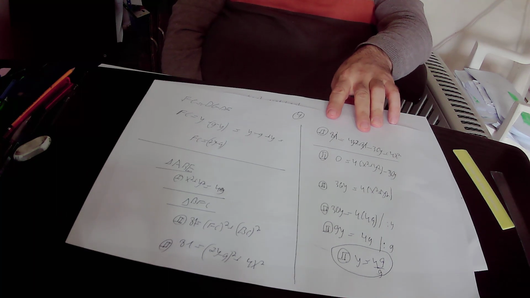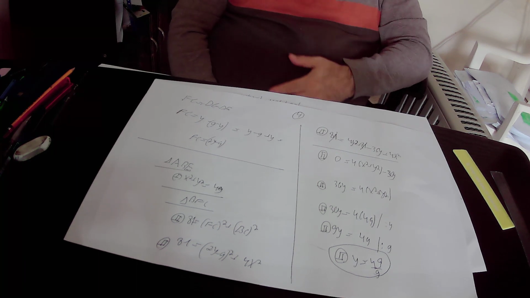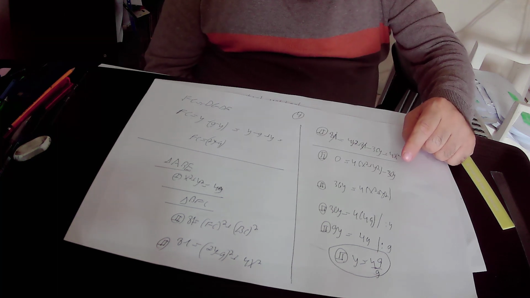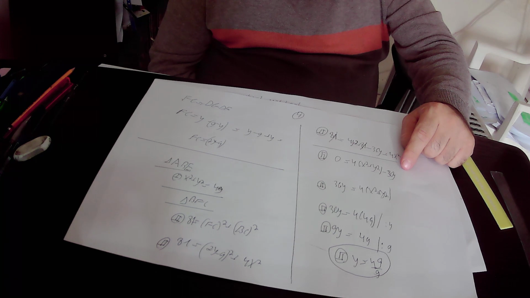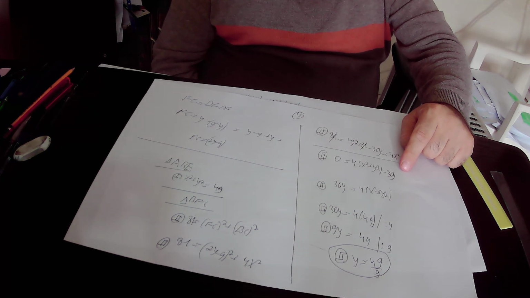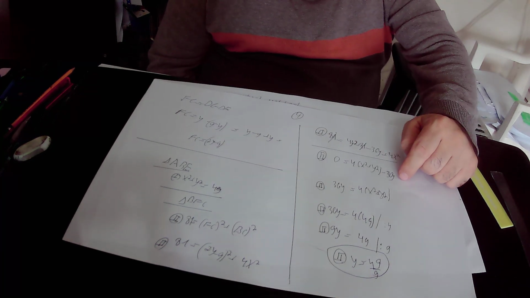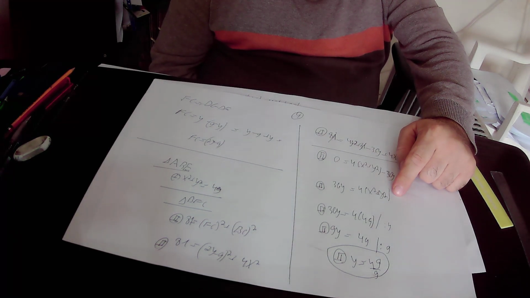We have 81 on the left side of the equation, so the 81 gets cancelled. Then we took 4 as a common factor, and we got 0 equals 4 times (x squared plus y squared minus 9y). Here we added 9y to this equation number 2, and we got this expression.